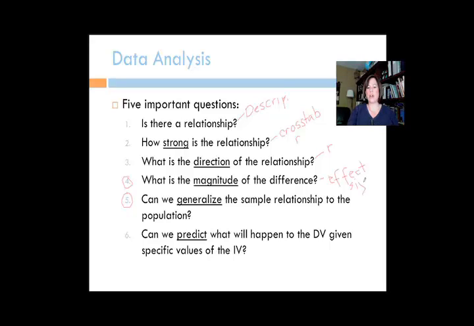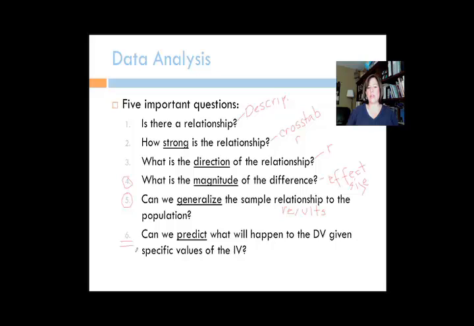And we are going to talk about, can we generalize the sample relationship to the population? So the sample results, the results of the relationship between variables that we're studying, to the population. And then lastly, when we talk about regression, we're going to answer this question. Can we predict what will happen to the dependent variable given specific values of the independent variable?